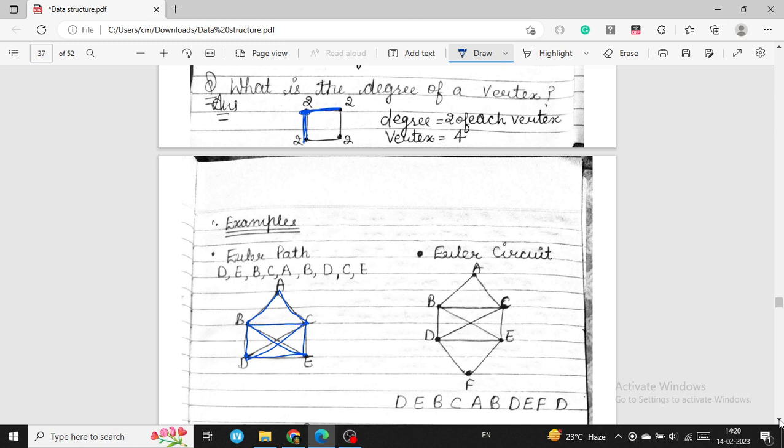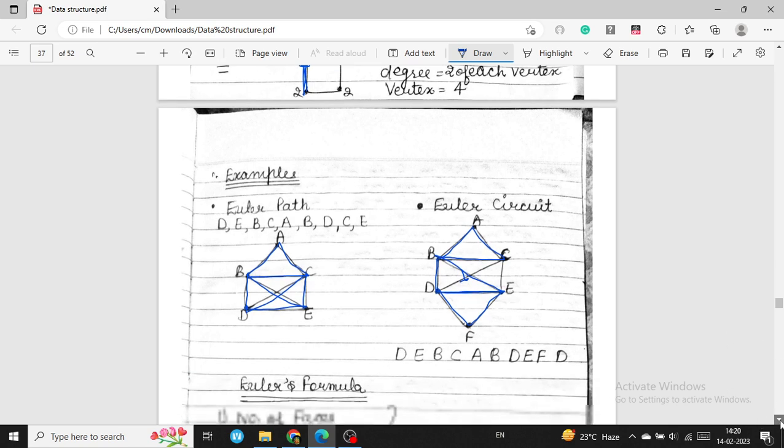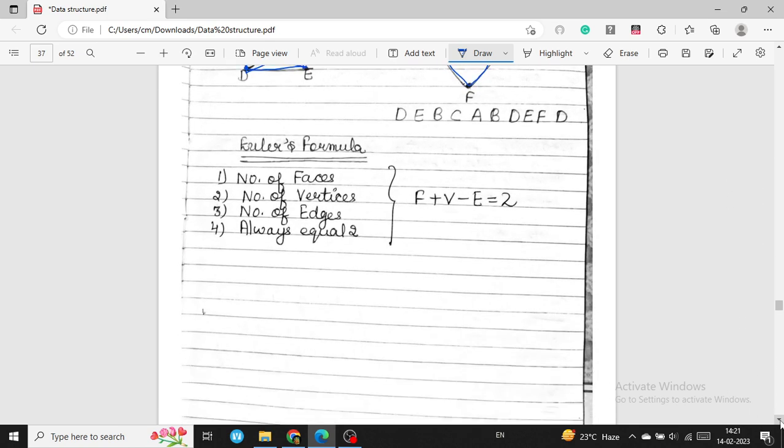In an Euler circuit: D to E, E to B, B to C, C to A to B, B to D, D to E we have to repeat, E to F, F to D. This is an Euler circuit. You can see here D to C will be left. Without repeating, we cannot go there.